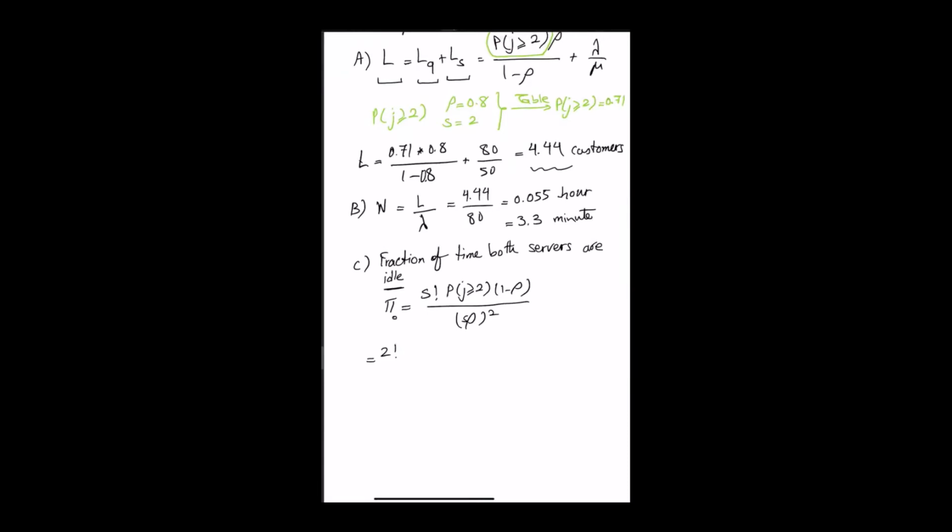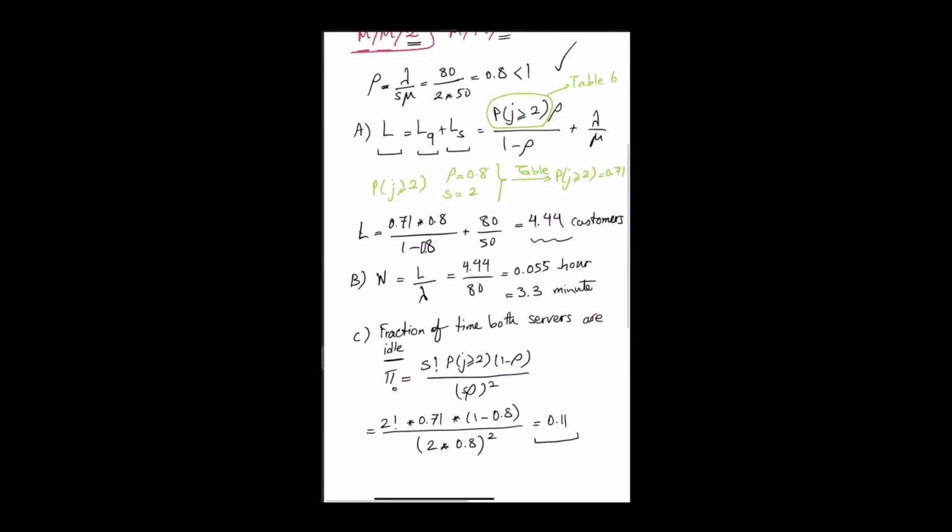Probability of j greater than or equal to 2 that we got from table 6 is 0.71. 1 minus rho, 2 multiplied by 0.8 to the power 2. And this value is going to be 0.11. So 11% of the time, both servers are idle. That means no one is in the system.